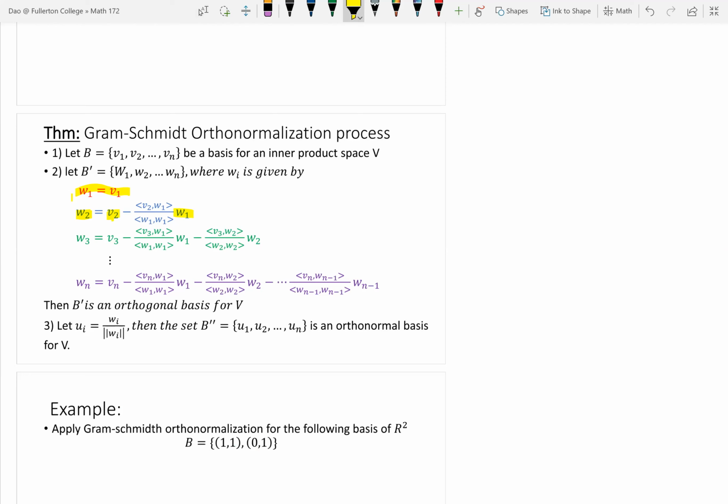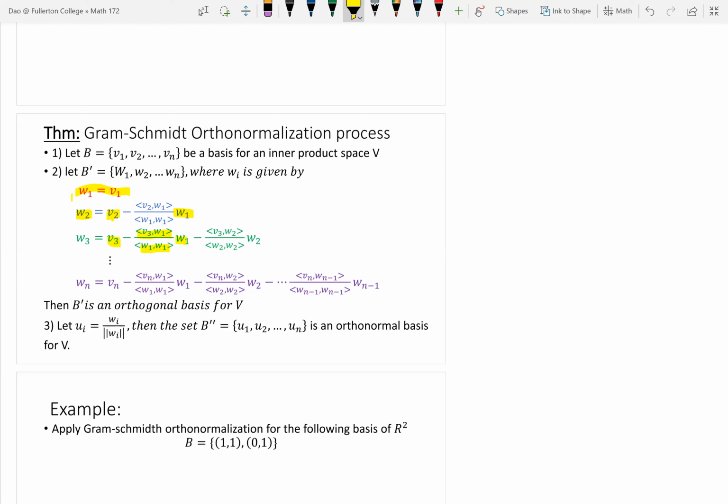Now W3 is equal to V3 minus the inner product of V3 and W1 divided by the inner product of W1 and W1, times W1, and then minus the inner product of V3 and W2 divided by the inner product of W2 and W2, times W2. We continue like this until we finish the whole thing.